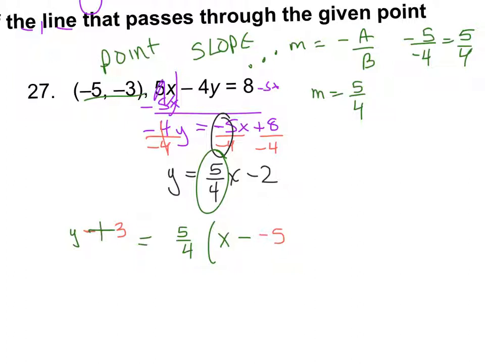These become a plus, so this is really y plus 3 is equal to, these become a plus. I'm going to distribute right away because I want it in slope-intercept form.